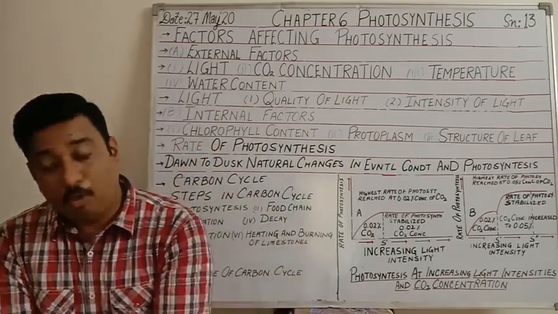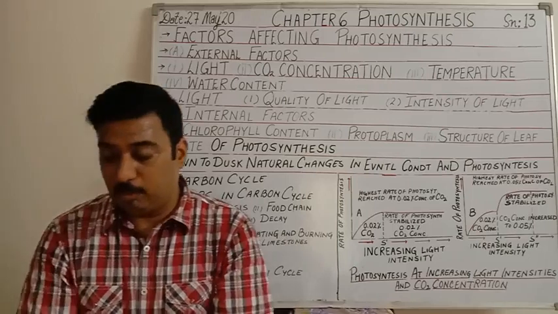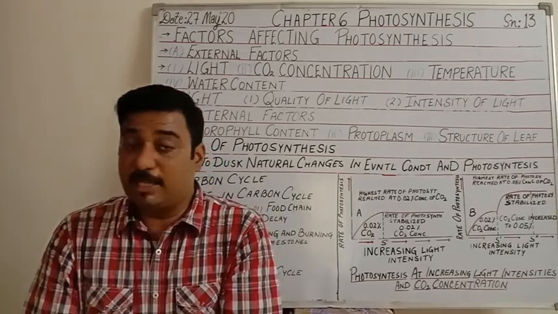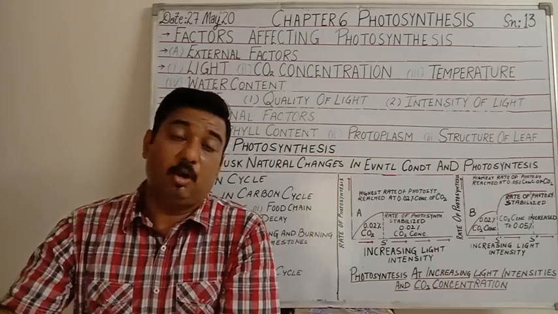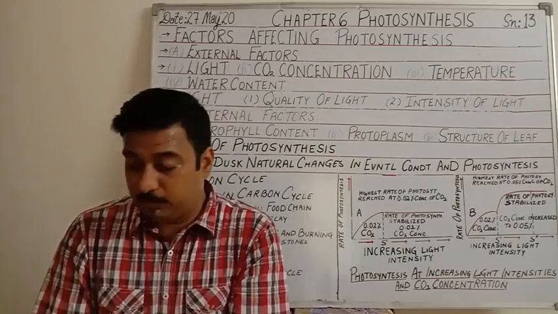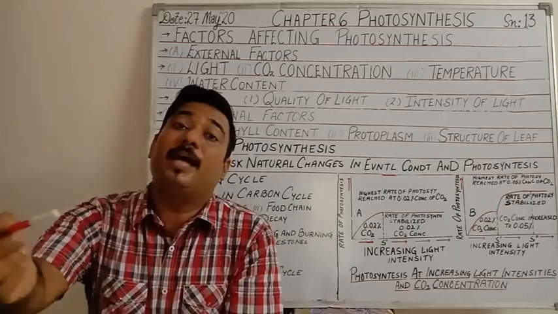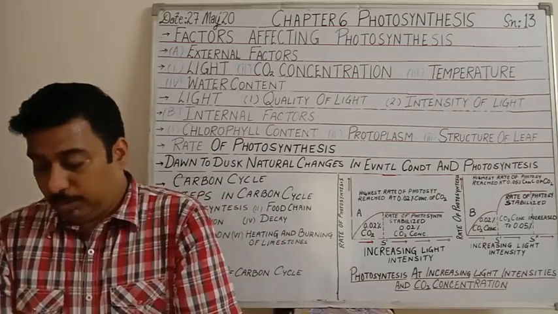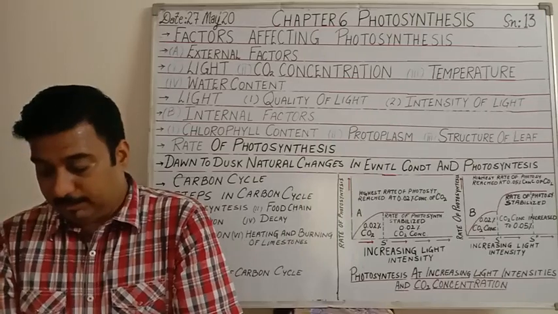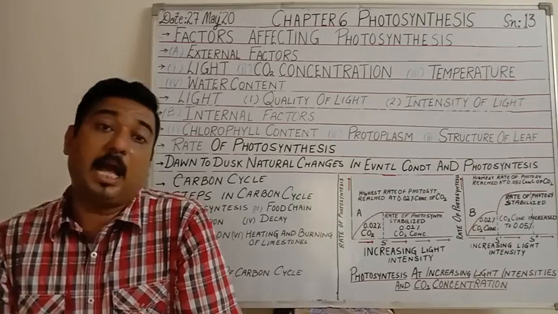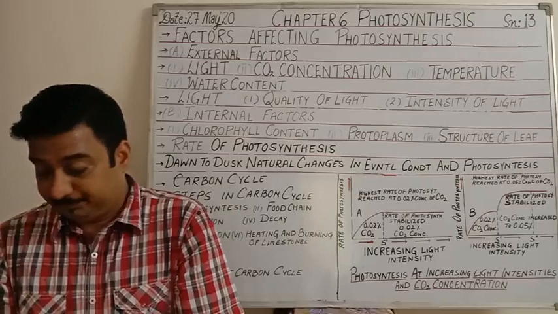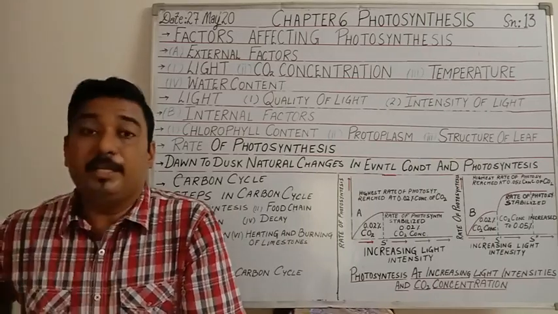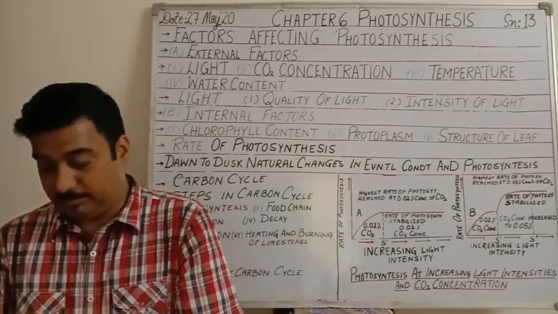So the scarcity of water is due to reduced absorption from the soil or excessive loss through transpiration. If excessive loss of water is taking place through transpiration, naturally that will directly affect the rate of photosynthesis. Due to the closure of stomata, the diffusive capacity, that is the carbon dioxide intake, will decrease, and that will definitely decrease the rate of photosynthesis.